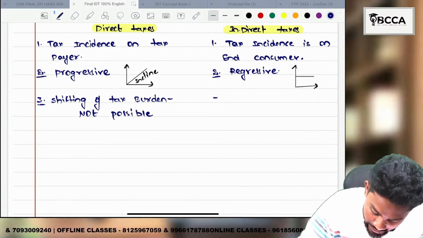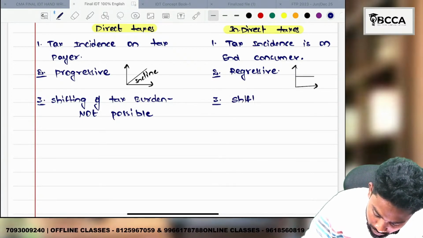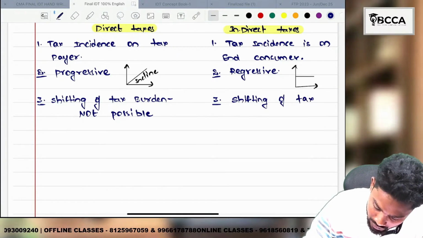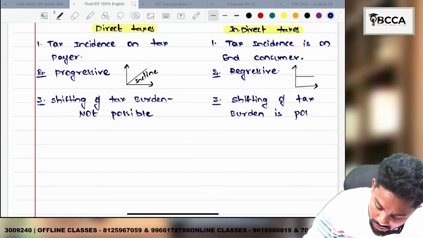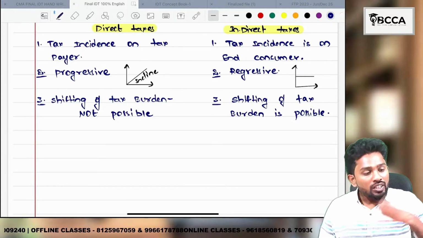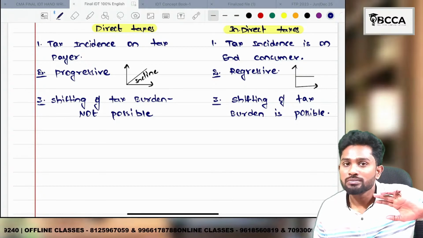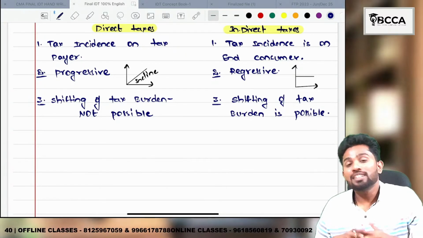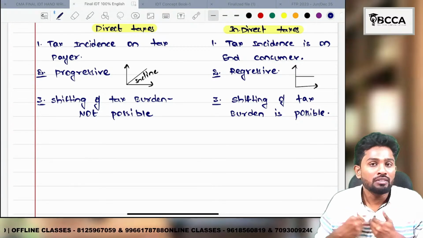But whereas in indirect taxes, shifting of tax burden is possible. Sir, what does it mean? On my income, whatever is the income tax, I have to pay on my own. I cannot transfer the burden to you. If there is such an option, I'll be feeling happy. You only feeling the burden. But there is no such option for me to shift the tax burden to you. I myself have to face that burden.